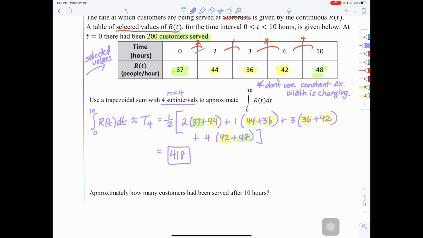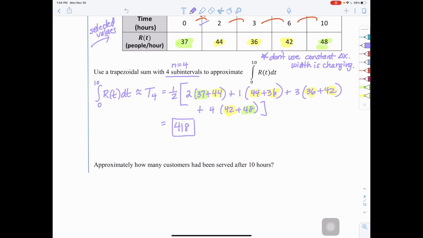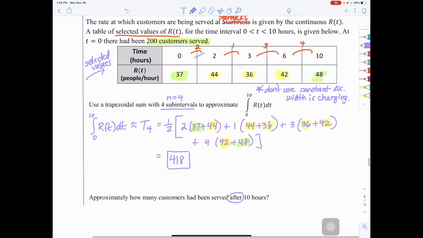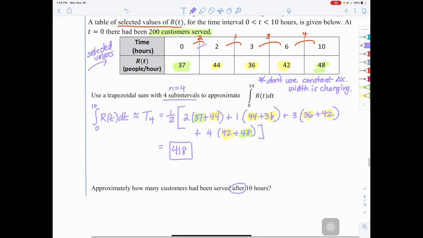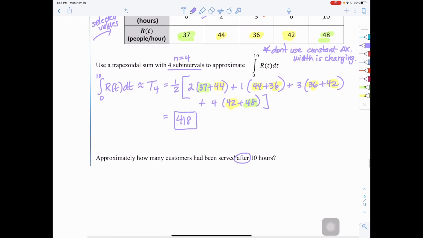Now, here's the question. Approximately how many customers have been served after 10 hours? Well, that would be what you had served already at time 0.